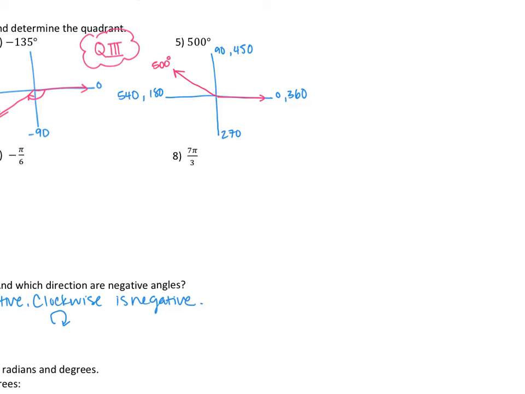But I want you to notice the way we took that. So if you really take a look at how we get to 500, you start at 0 here. You swing all the way around in a full circle to get to 360, but that's not enough. So you go another 90 degrees to get to 450, but that's not enough.